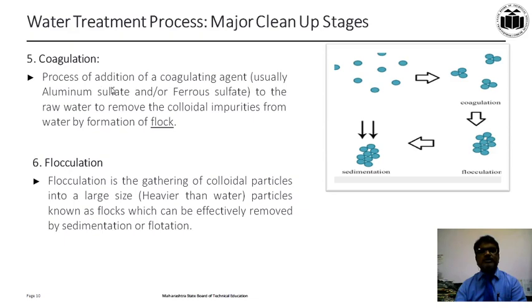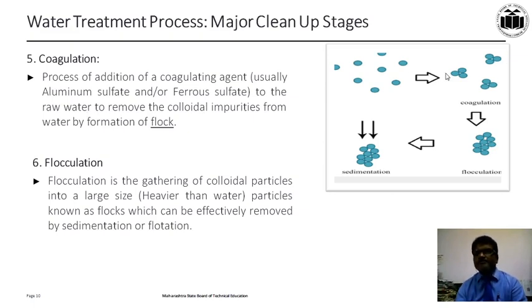Coagulation is the process of addition of coagulating agents or coagulants such as aluminum sulfate or alum or ferrous sulfate to the raw water to remove the colloidal impurities from water by the formation of floc.